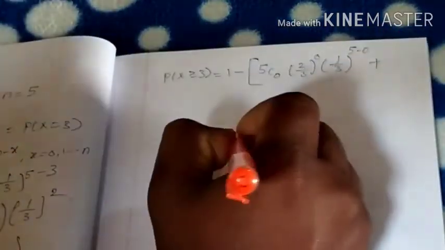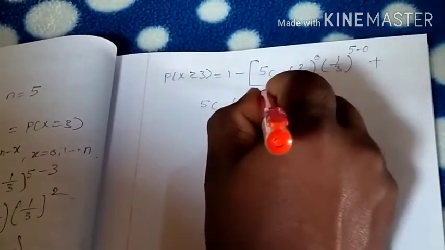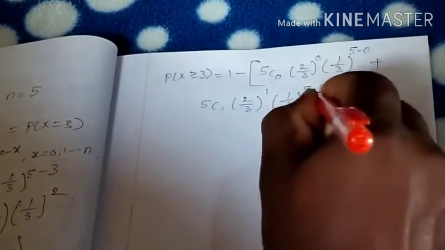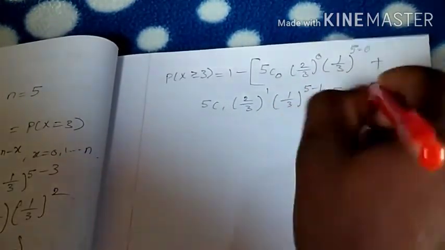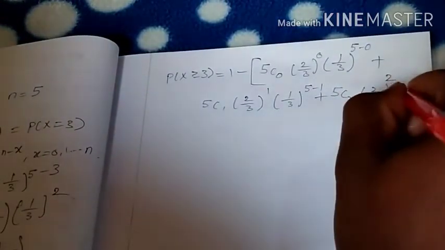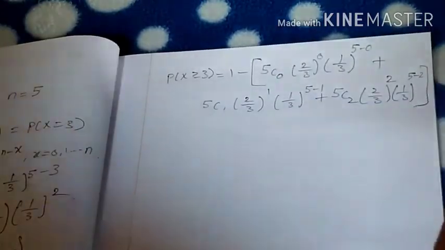Plus the second one, 5c1. Now x replacing 1. So 2 by 3 power x, so x is 1 and 1 by 3 power 5 minus 1, plus 5c2. 2 by 3 power 2 now. Then 1 by 3 power 5 minus 2.